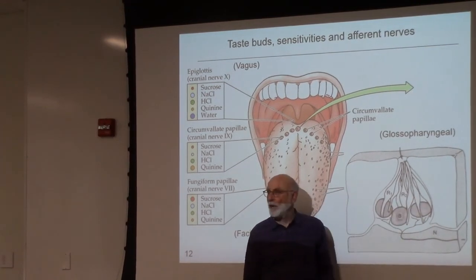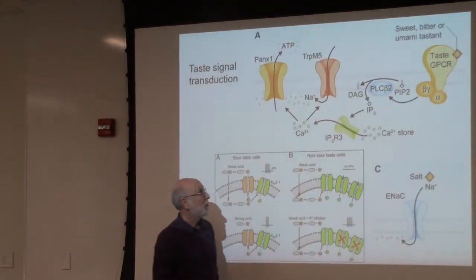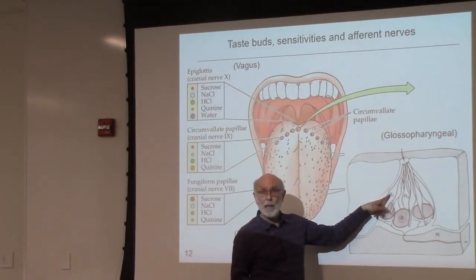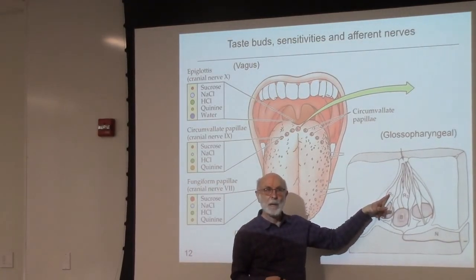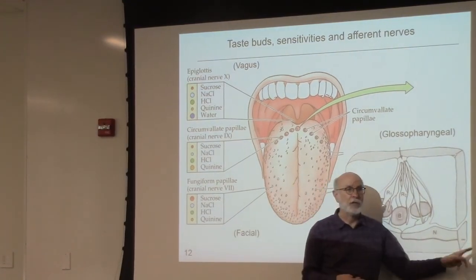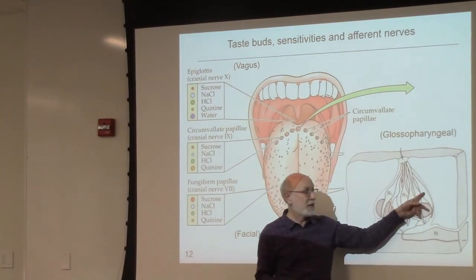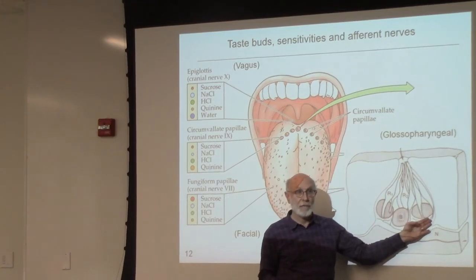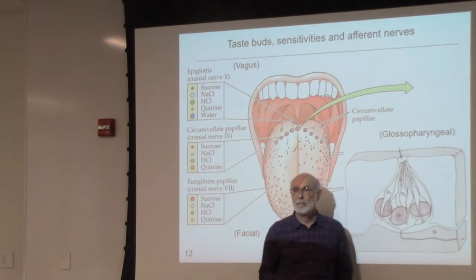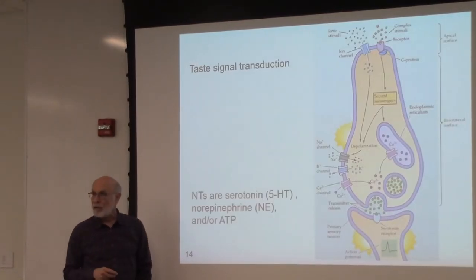So different receptor cells express different receptor molecules that each activate a different pathway. But remember, this receptor cell, umami, is connected to a set of afferent neurons carrying action potentials to your brain, and your brain says, delicious, umami. This receptor cell is connected to a different set of axons that go to the brain and say, ooh, sour. Did that answer your question?